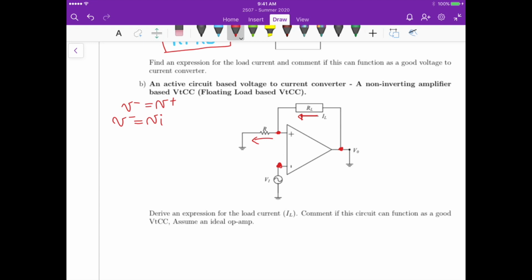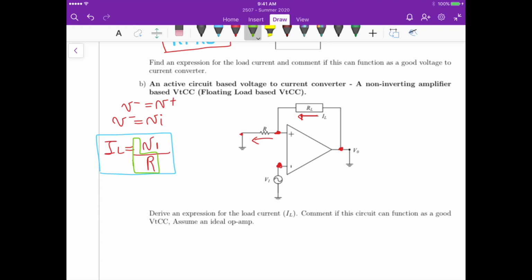So in this particular case, IL is equal to the voltage here minus the voltage there. So it's Vi, because it's V minus, divided by R. Now if you look at this equation, the constant term is just 1 over R, right? So this fits the condition that our load current should depend on the input voltage times some constant, and this constant here is 1 over R, okay?